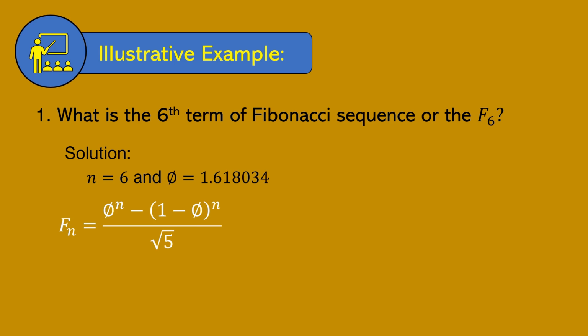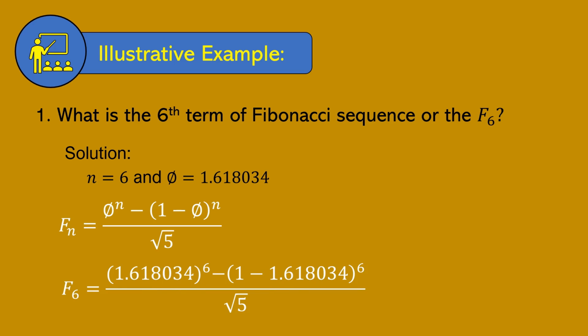So just use the formula: substitute f of 6, n is 6, equals phi, 1.618034, to the power n, which is 6, minus the quantity 1 minus 1.618034 to the power 6, all over the square root of 5. Now, I want you to use your calculator for this because it's easy if you have a scientific calculator.